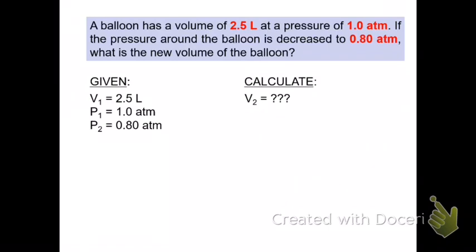So again, looking at pressure, right? How did the pressure change? So there was a decrease in pressure from 1 to 0.8. And we know that pressure is inversely proportional to volume, so decreasing pressure would result in the increase in volume. So you would expect V2 to be a larger value than V1.